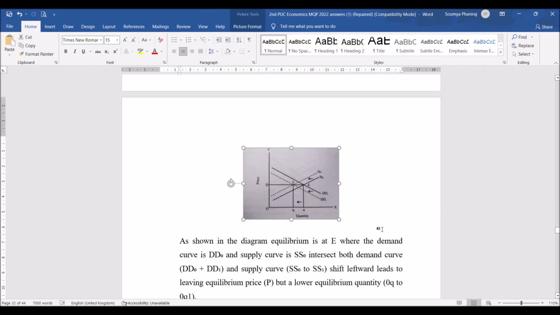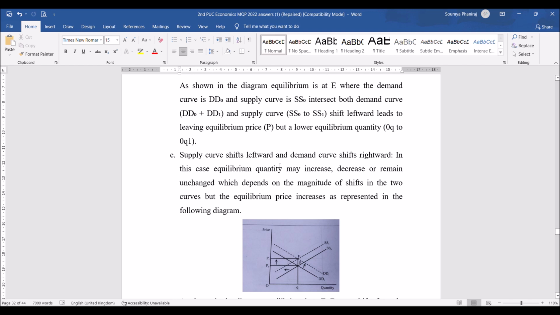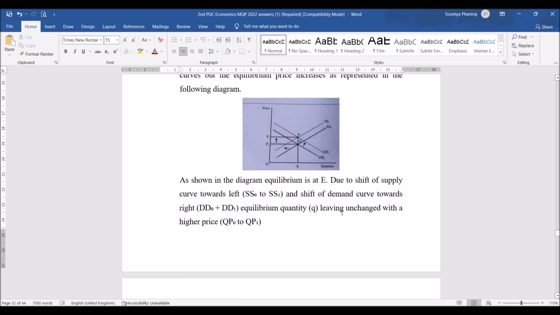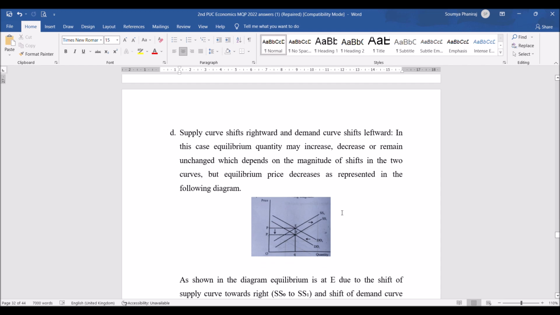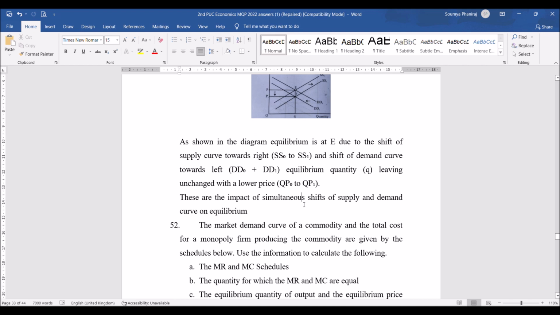It should be shown in the form of a diagram. C, supply curve shifts leftward and demand curve shifts rightward. That is also to be depicted in the form of a diagram. D, supply curve shifts rightward and demand curve shifts leftward. And then the last concluding statement.